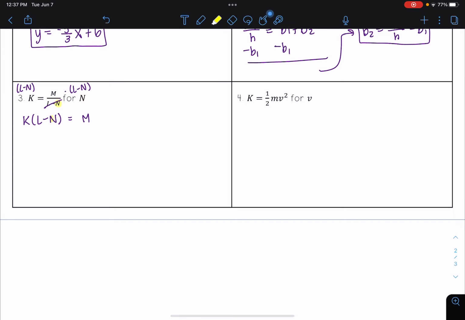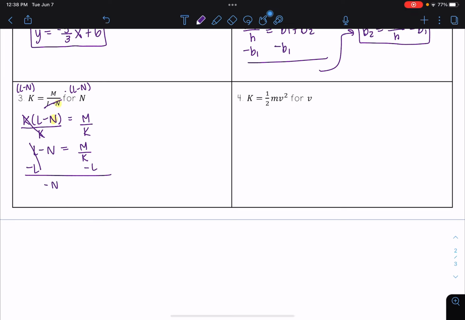Now remember, we still want to isolate that n. And so I have a k and L with it right now. Just like we did in this previous problem, I'm going to go ahead and divide both sides by k first. So now I have L minus n is equal to m over k. I can subtract L from both sides.